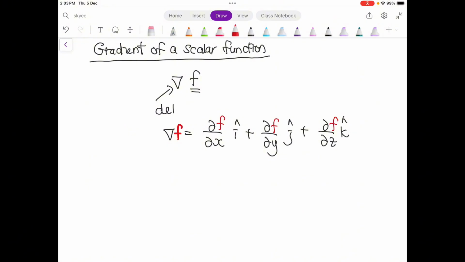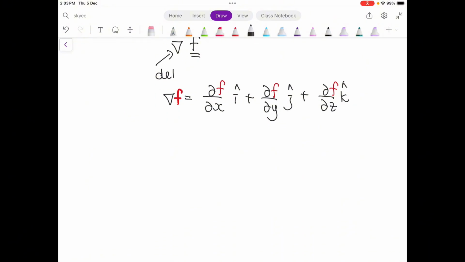Let's look at one example. Example 1: find the gradient of the following scalar function. If I give you a function of x and y, which has x and y components, you are going to find the gradient of the function.